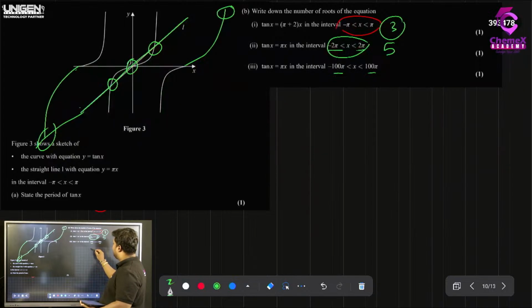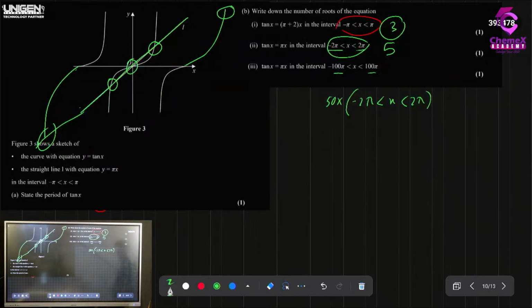So that means you know that it's been multiplied by 50, minus 2 pi to something like that. So how many are you going to get there? 225? No. Because you already know between minus pi and plus pi you have 3.